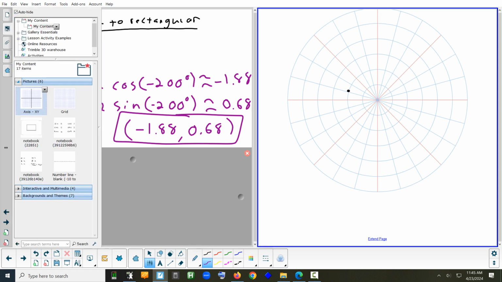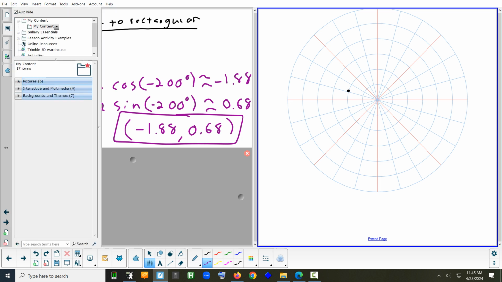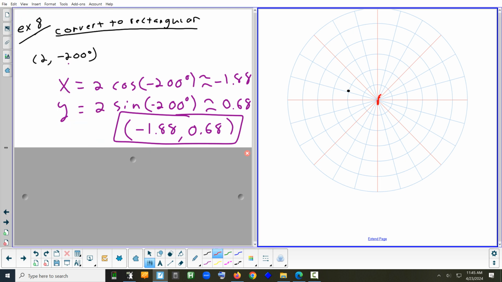So what I'm going to do now is I'm going to change the background behind the point. As long as I use a background that's the same size paper, meaning, as long as my grid lines are right here on the rectangular paper that I'm about to use, I can drop the new background behind it, and it should look like the point is almost 2 units left and a little bit more than half a unit up. Okay, but it's got to be the same size paper.